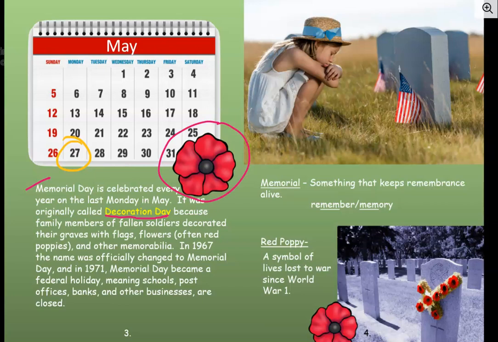In 1967, the name was officially changed to Memorial Day, and in 1971, Memorial Day became a federal holiday, meaning schools, post offices, banks, and other businesses are closed. So, last Monday in May, right there, in this particular year, it was on the 27th. We have Monday, and this is the last Monday.